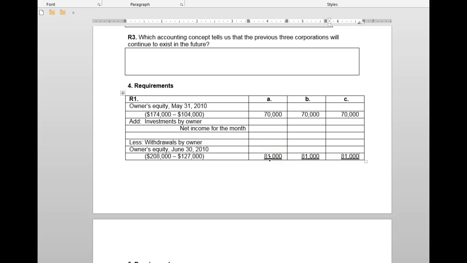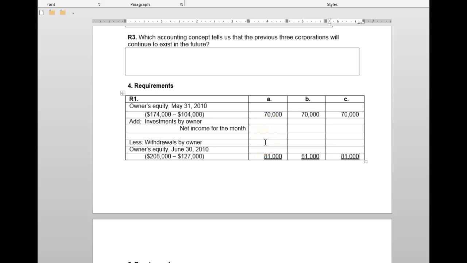There's only 4 things that affect, in this particular situation, 4 things that are going to affect the owner's equity account. First one is going to be investments by the owner, if they buy more stock or they put out more stock. The next one would be net income or a net loss, whichever.